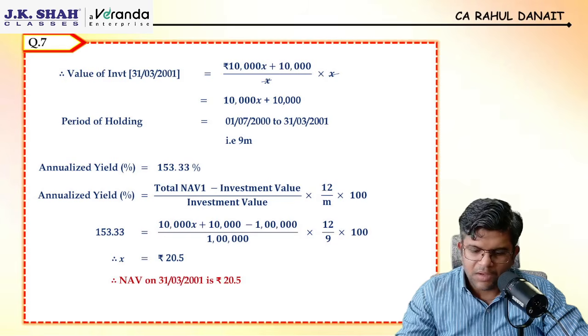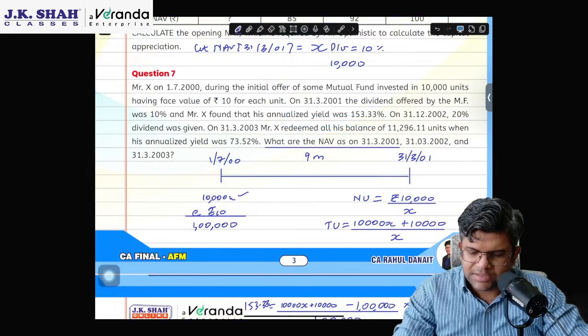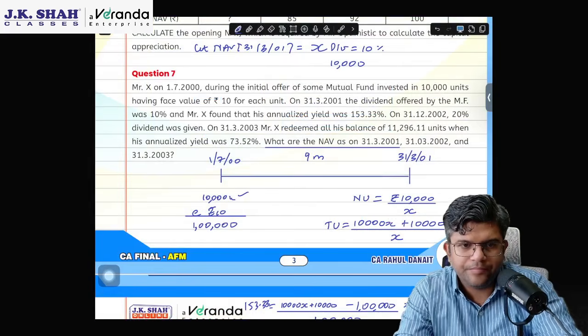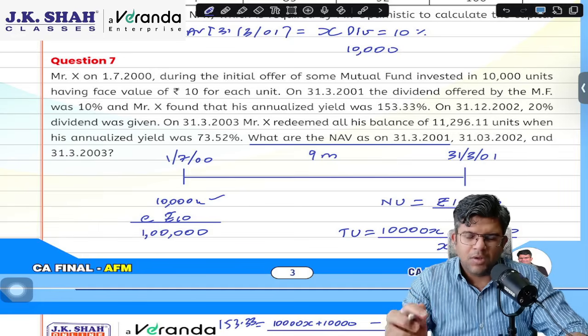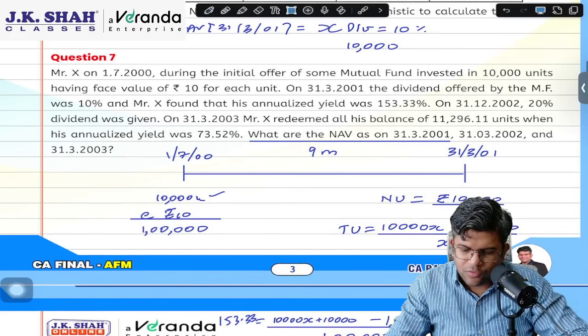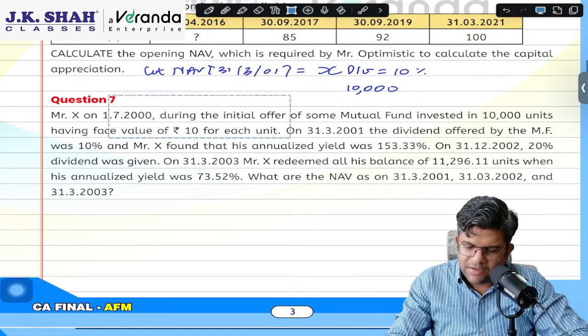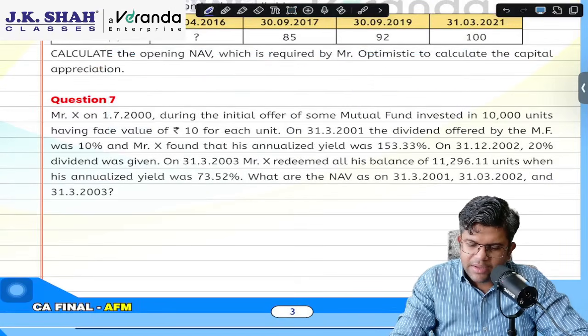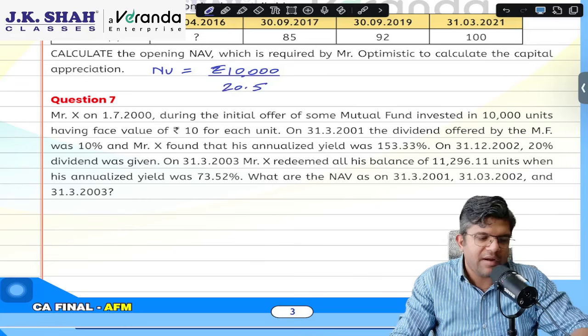Done? Okay, students. So now let's go back to the discussion. So everybody focus. One extra piece of information before I go ahead. The new units that you were supposed to receive was 10,000 divided by X. So it will be 10,000 divided by 20.5.